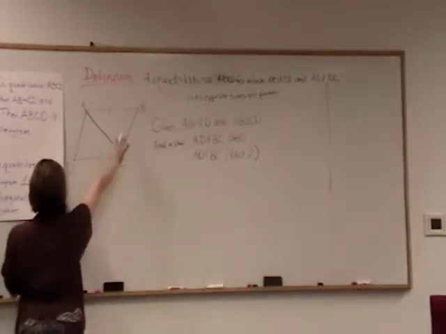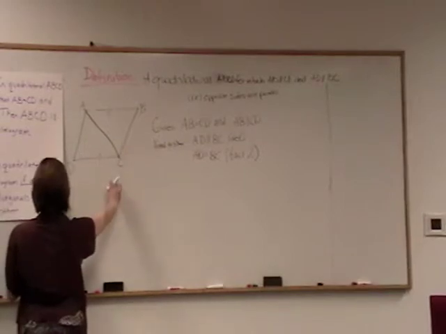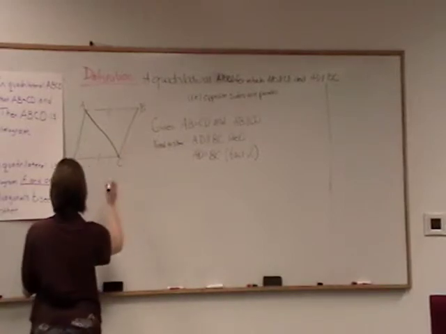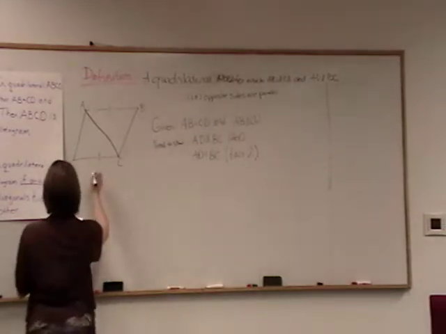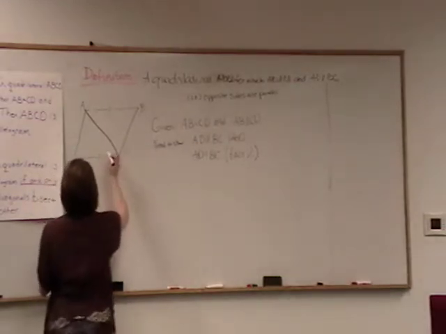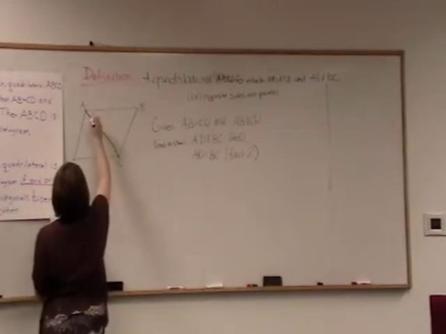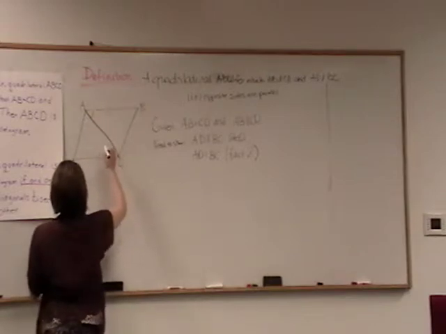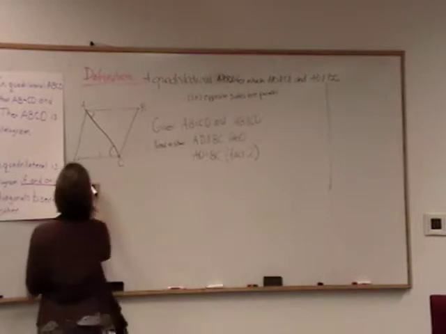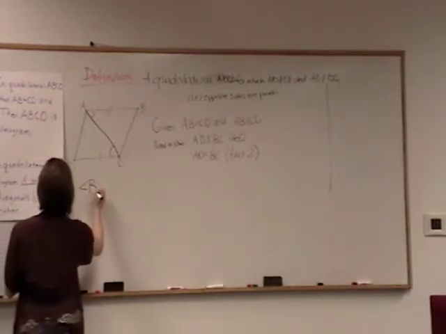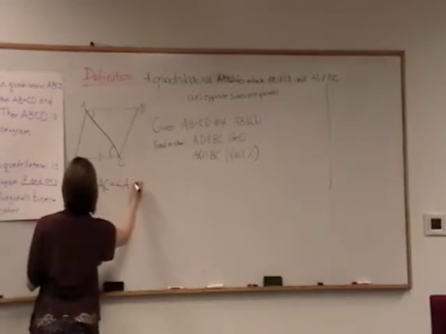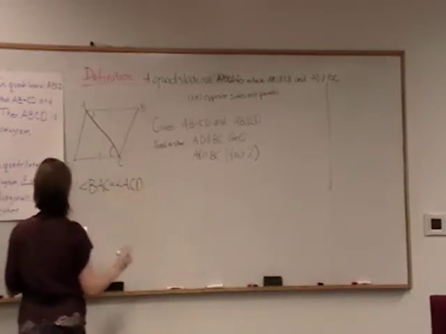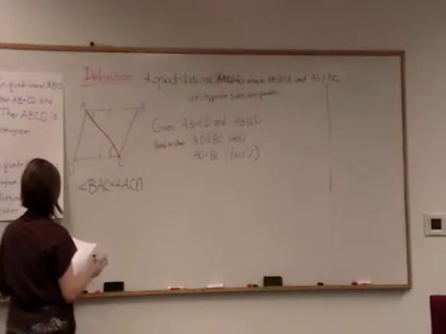Now, since AB is parallel to DC, then by our alternate interior angles theorem, we have that angle BAC is equal to angle ACD. So angle BAC equals angle ACD. That was by alternate interior angles.